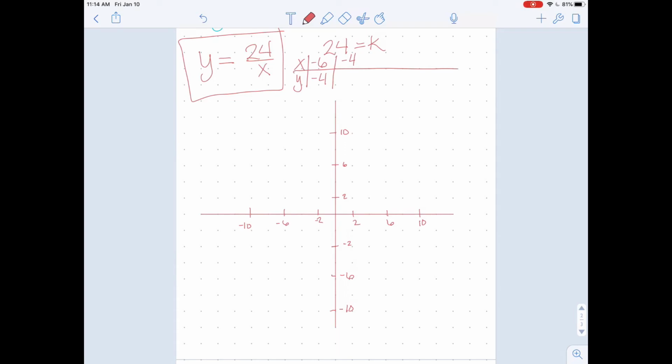Negative 4, 24 divided by negative 4 is negative 6. 24 divided by negative 2 is negative 12. 0, well, 24 divided by 0 is undefined, so we can't put a point there. If I have 2, 24 divided by 2 is 12. 24 divided by 4 is 6, and 24 divided by 6 is 4. So now I've got plenty of points to be able to graph.